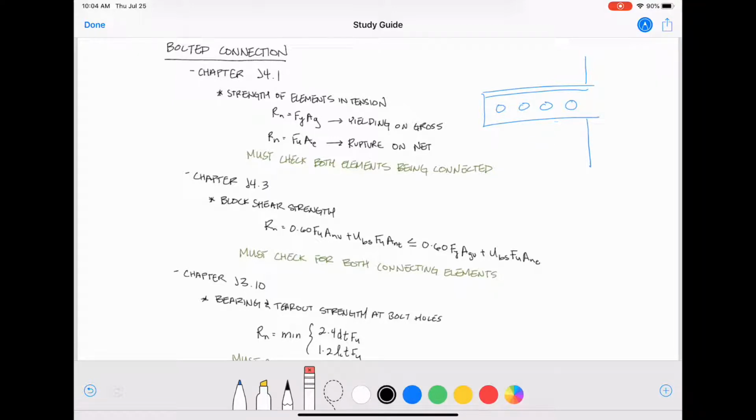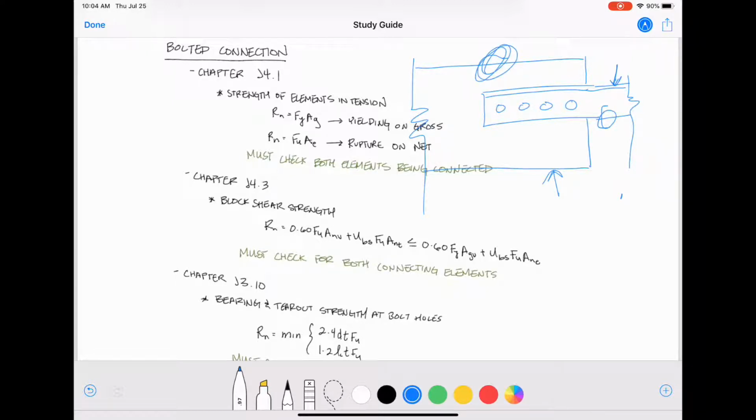So for example, it could be connected to this gusset plate right here. And so not only do you have to check yielding on the gross and rupture on the net for your angle, you also need to check it for this plate as well. So you need to check both the elements that are being connected by your bolts.